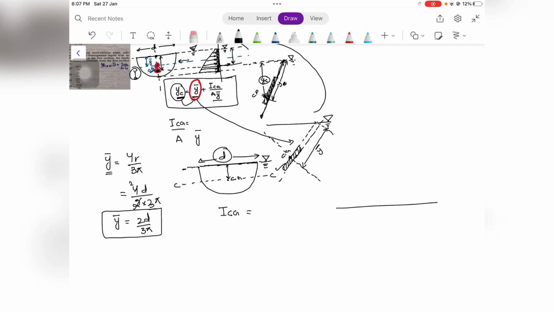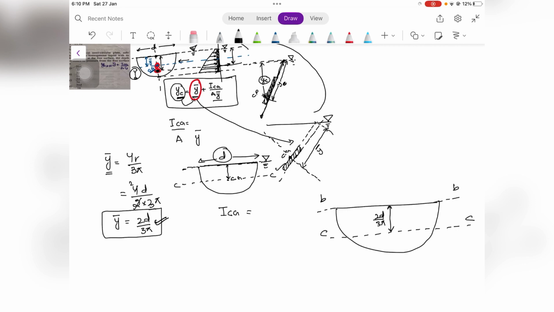If this is a semicircular plate, let us say that B is an axis passing through the base of the semicircle, and at a distance of 2d upon 3 pi, that is this distance, is the center of gravity from the base of the semicircle. So let us say that we have an axis passing through the CG of the semicircle.